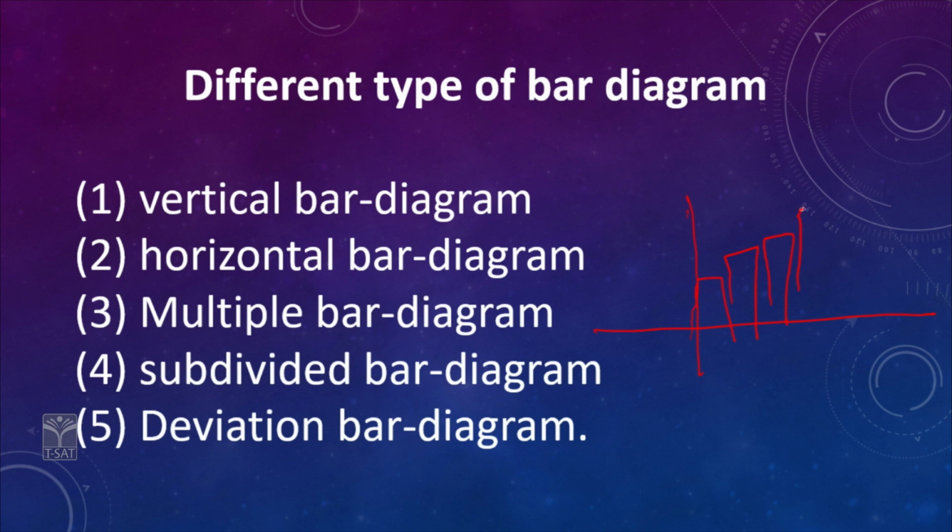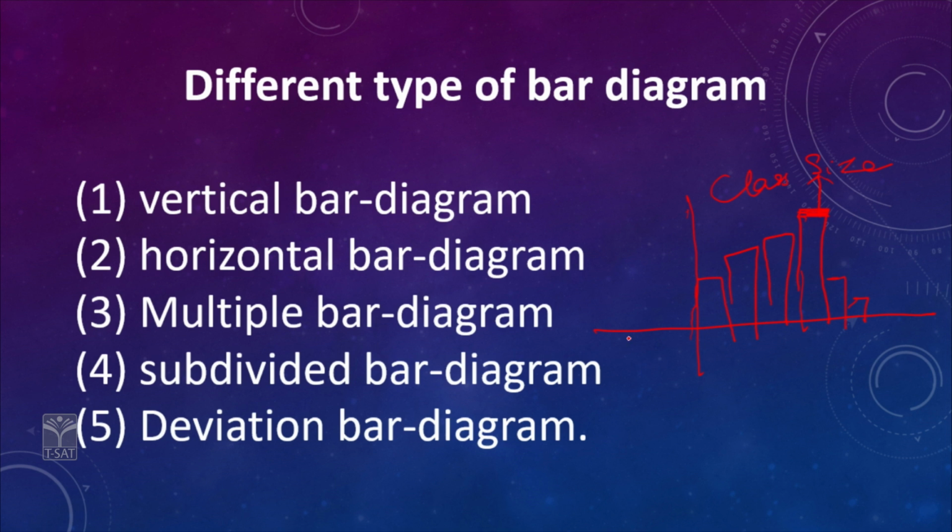When you consider these rectangular bars, this is a bar diagram. When you observe it, the widths are the same; this width will be the size of the class, okay.